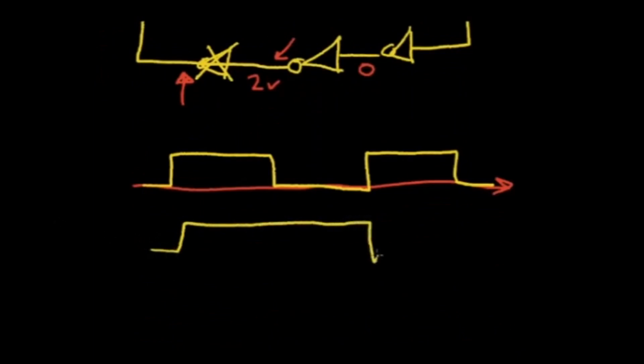It'll do something like this. So this circuit can produce a pulse, but not a very accurate pulse because it's very sensitive to power supply conditions and process variation. But nevertheless, it can create an oscillating function.